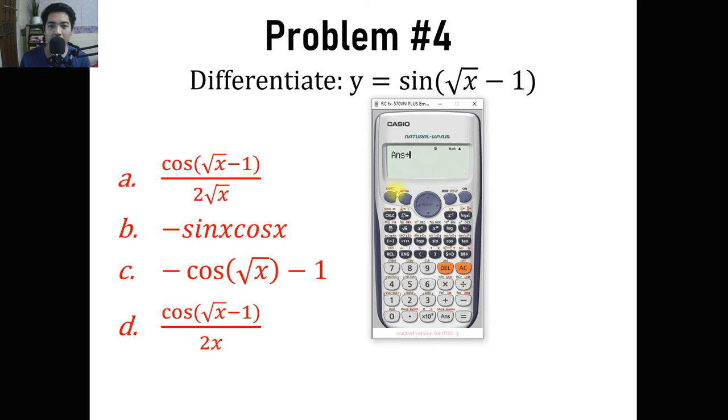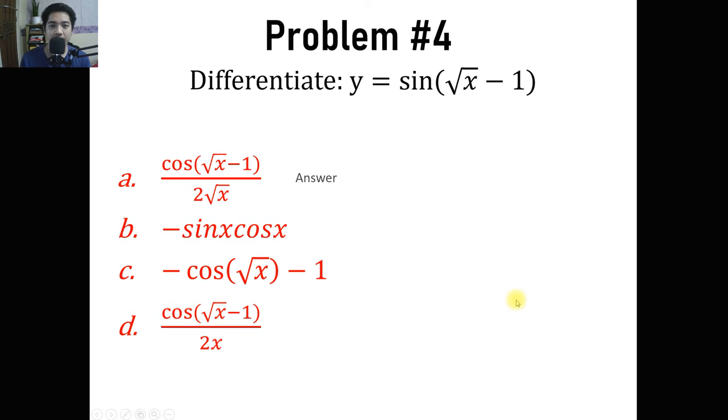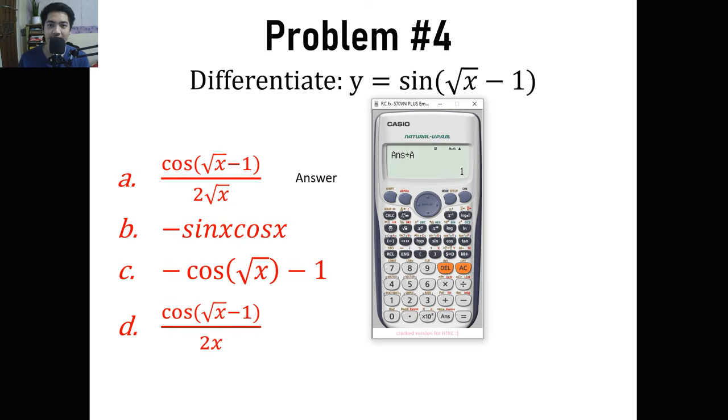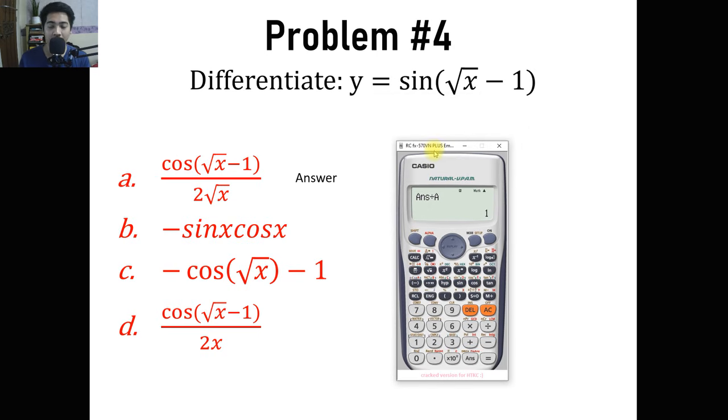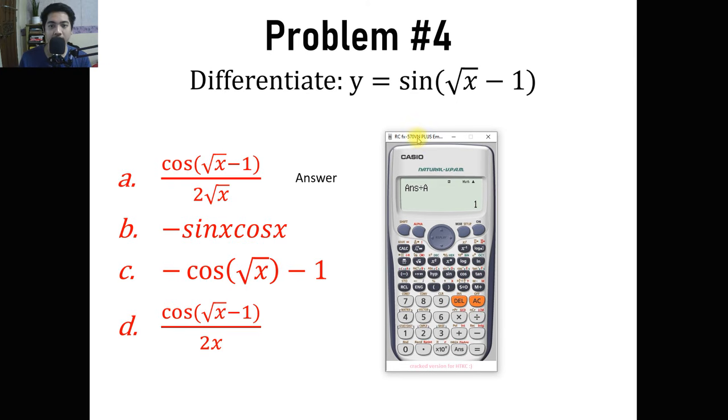Compare it with variable A. So it's 1. So definitely the answer here is letter A. Okay. So it's very easy, even if you forgot how to differentiate. Of course, it's better to know how to differentiate. But in case you forgot, you know the calculator technique, then you can answer this if this is a multiple choice question. Since this is a board exam, for sure it is multiple choice.